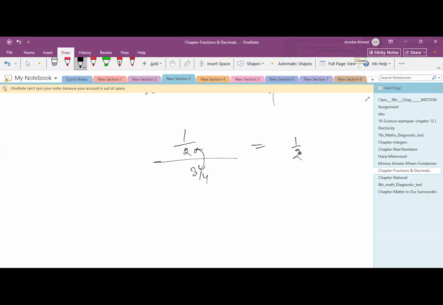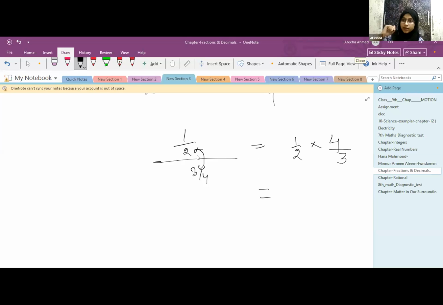If 3 needs to come together to this, it will be like this only. That means 4 is above. This is a trick to remember which one will get reciprocated, which one will be the numerator, which one will be the denominator.